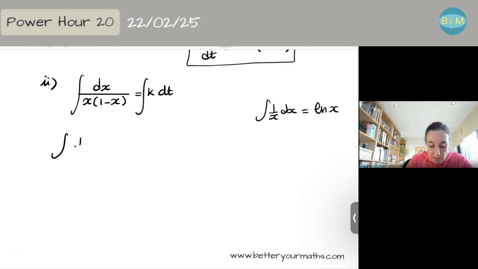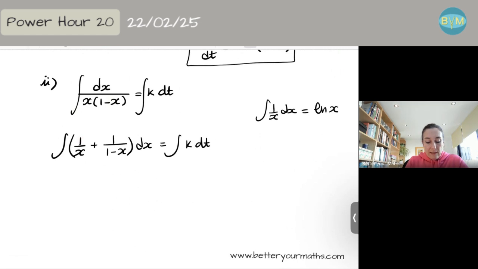So this integral of 1 over x plus 1 over 1 minus x dx equals the integral of k dt. Integral of 1 over x is ln x. Integral of 1 over 1 minus x is going to be ln of 1 minus x, but the derivative of 1 minus x is minus 1, so it's going to change my sign.